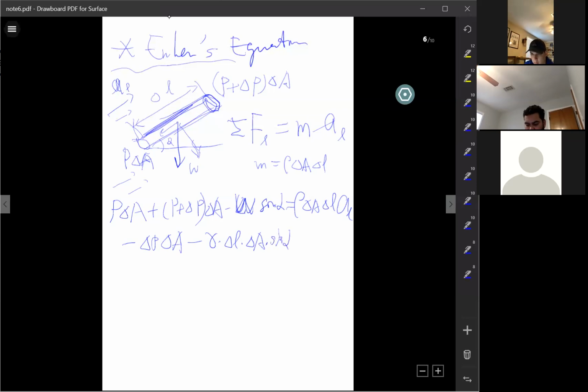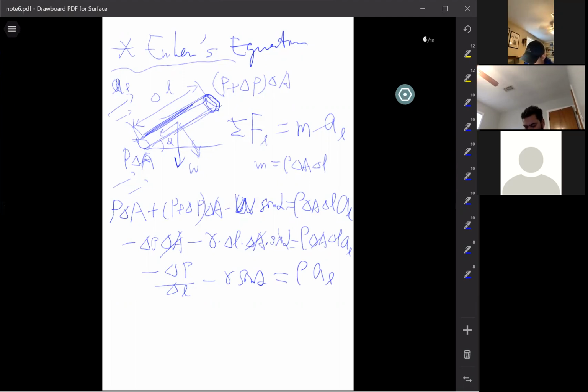Sine alpha equals rho delta A delta L A_L. Then we can cancel those delta A's. This is the derivative. I'll go quickly, since it's the second time we do this. Delta L minus gamma. Last time the right-hand side equaled 0, but here it is not.